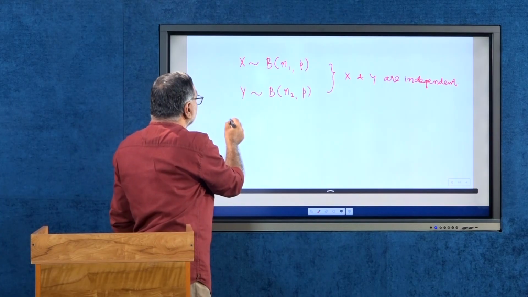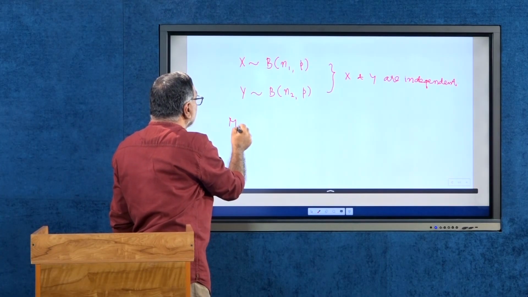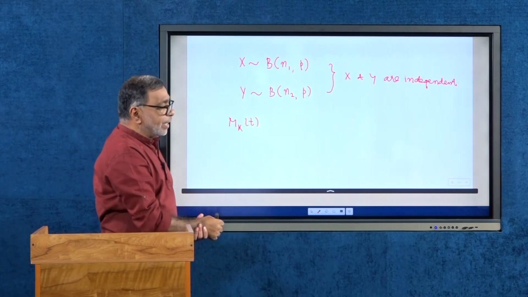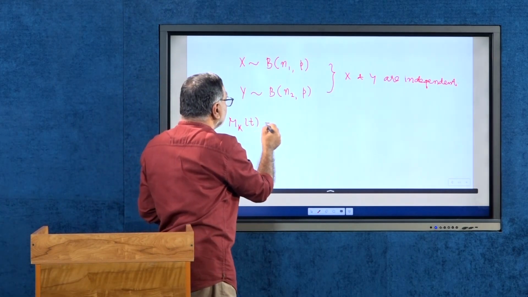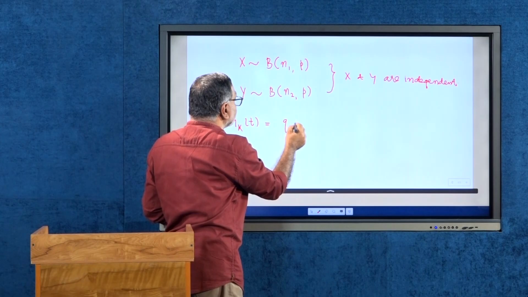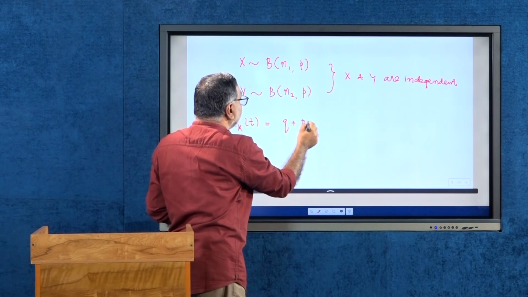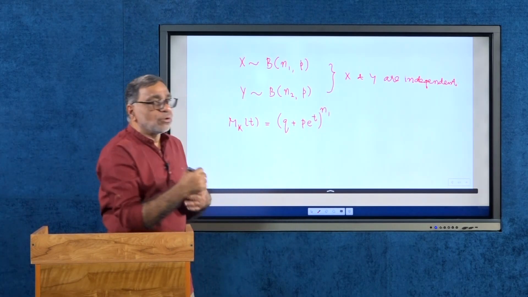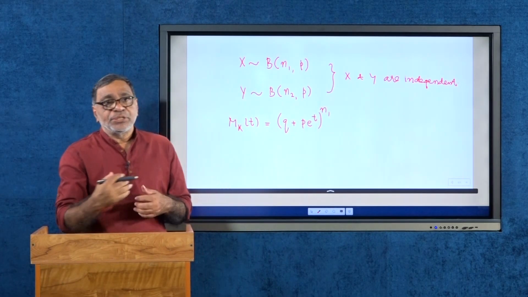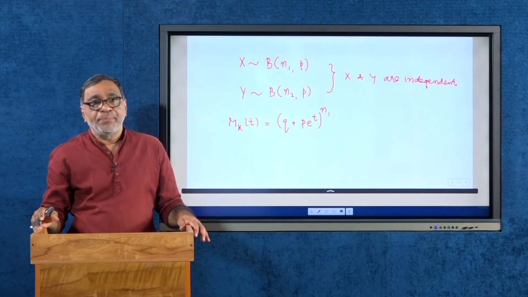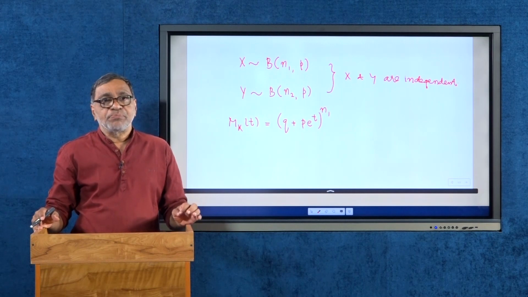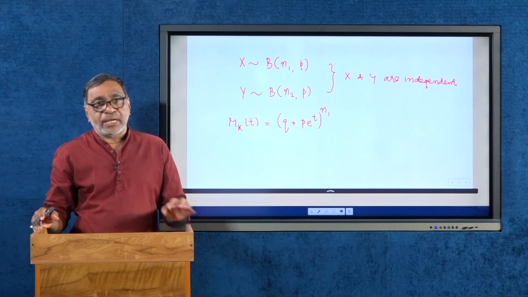Then if we are considering the moment generative function of x, we know this is equal to q plus p e power t all power n1, because we have already established that the moment generating function of a binomial random variable with parameters n and p is q plus p e power t all power n.